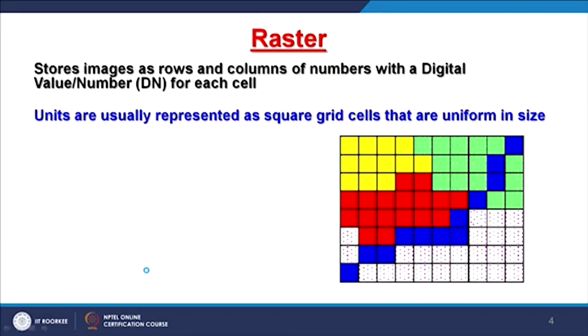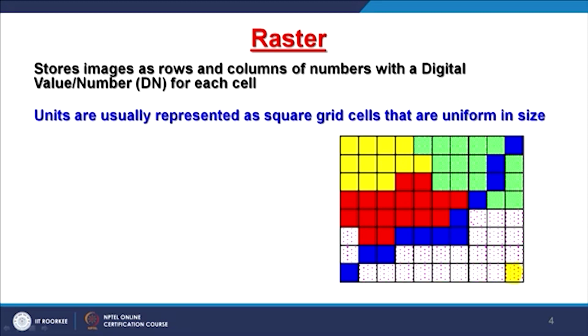So obviously we are now discussing raster data compression techniques. As we know, raster data is stored in terms of rows and columns, and each cell represents either a pixel or a cell depending on whether I am using an image or a grid respectively.